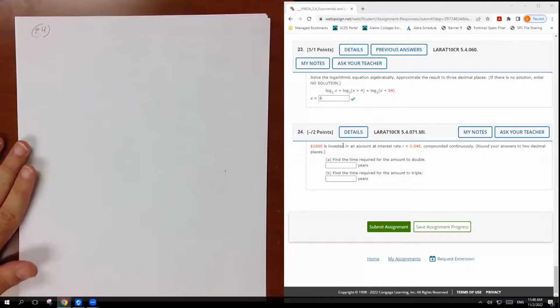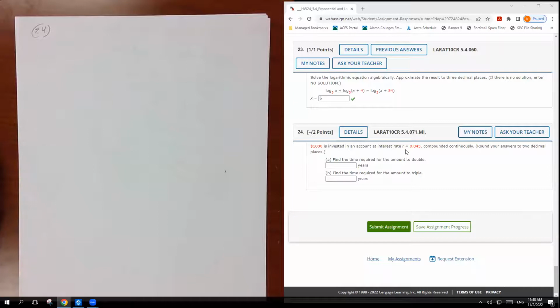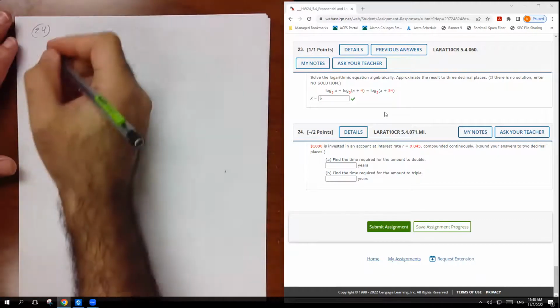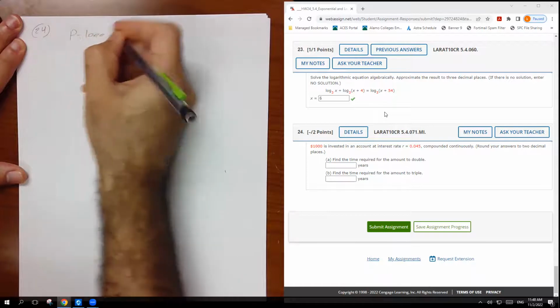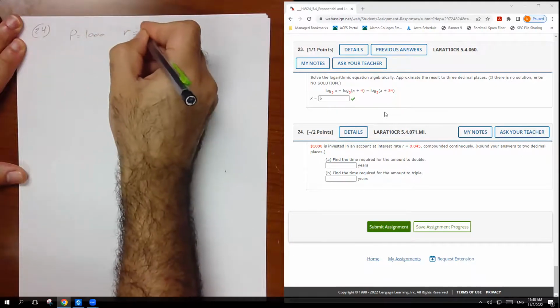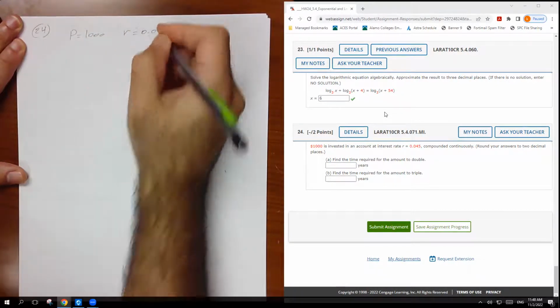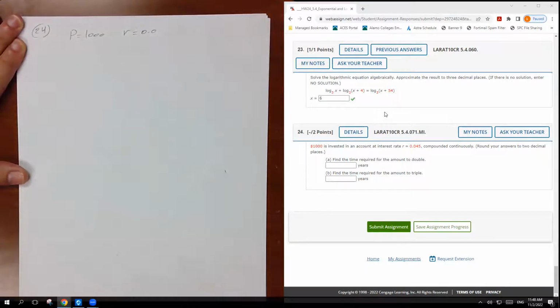24, 1,000 invested in an account at interest r equals 0.045, compounded continuously. So the investment is 1,000. The rate is 0.045.